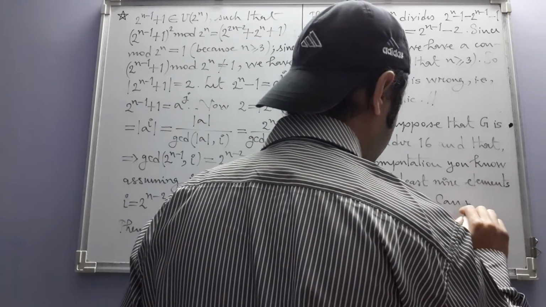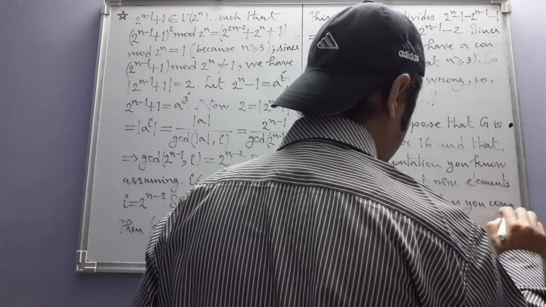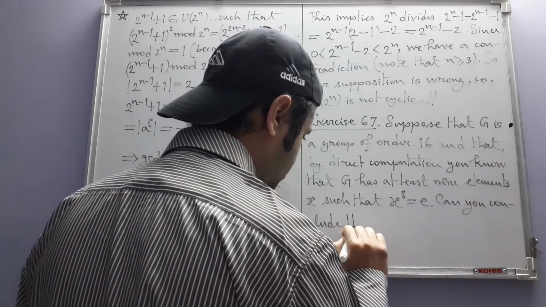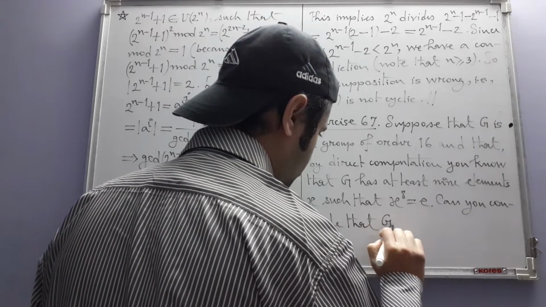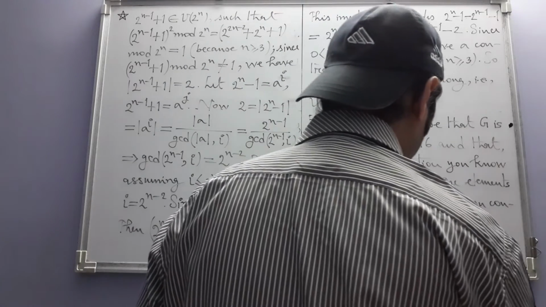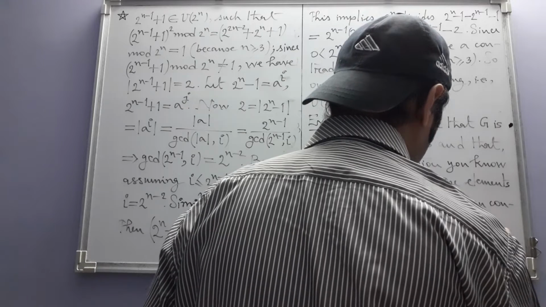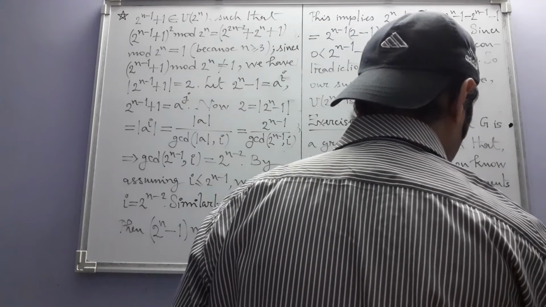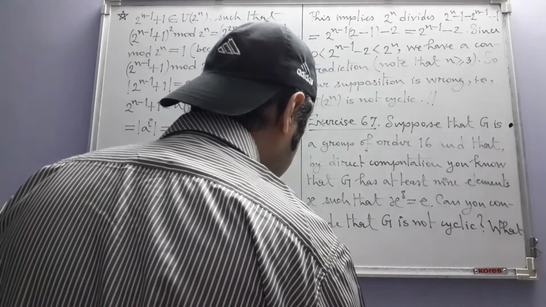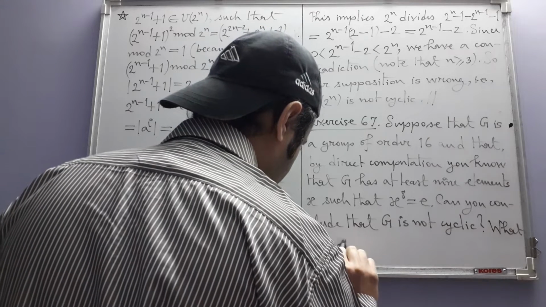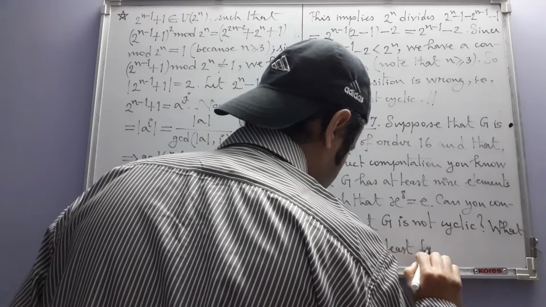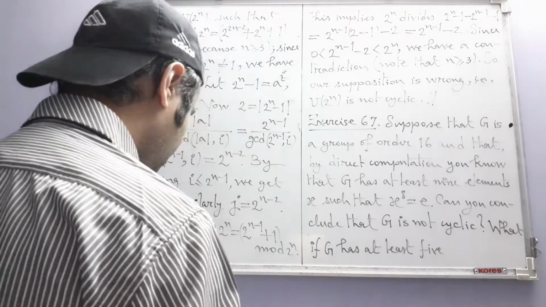Can you conclude that G is not cyclic? Another part, what if G has at least 5 elements?